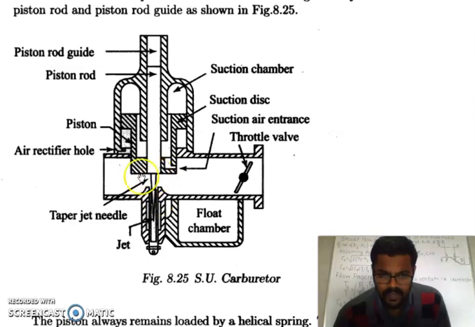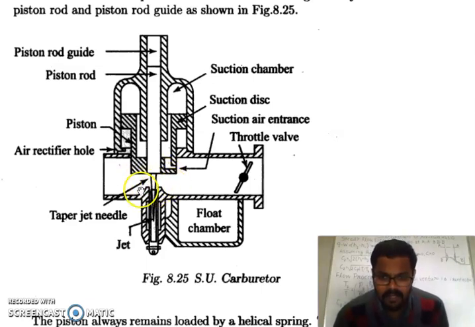So when your piston moves up, the amount of fuel will increase according to the air. When your piston moves down, the amount of air will decrease and along with it the amount of fuel will decrease. The upward movement of the taper needle also ensures more flow of fuel from the main jet. Thus the air and fuel passages are varied with different engine speeds, and the velocity of the fuel and air remains constant in this system.